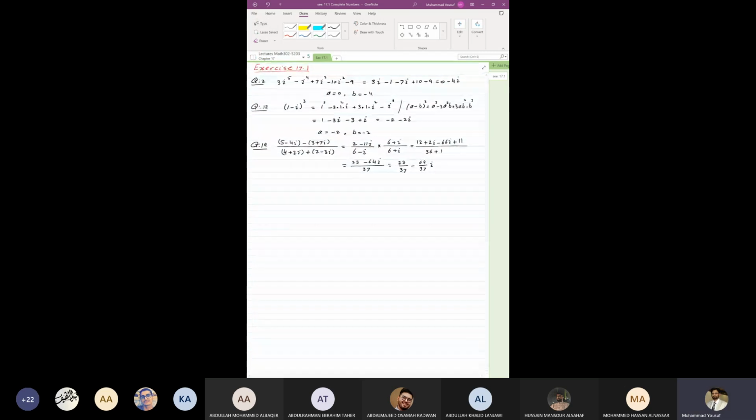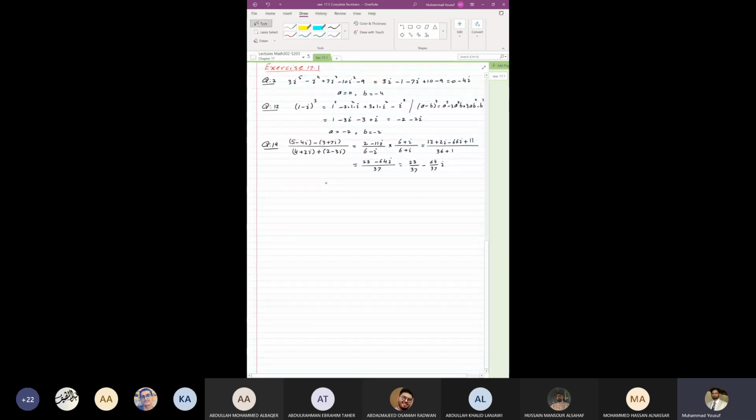So if that point is, for example, (2, 3), that vector will be 2i plus 3j. And here I'm putting a hat on this one because this i hat is not the complex number i, but it is a unit vector in the direction of the x-axis.